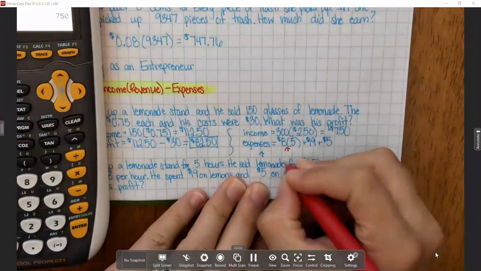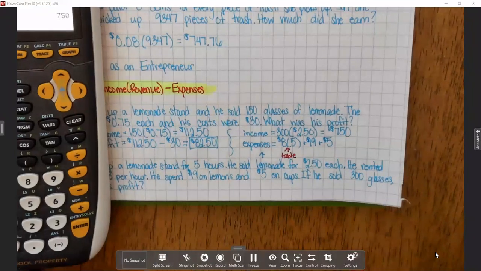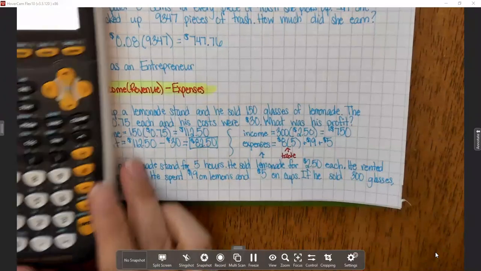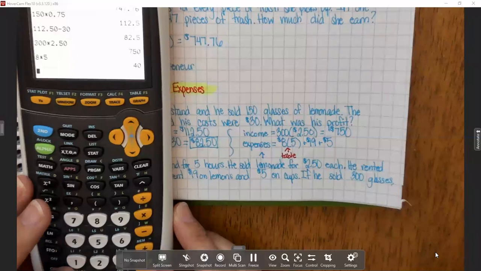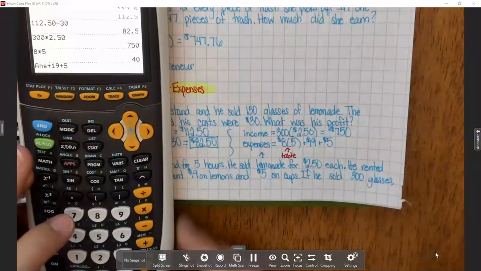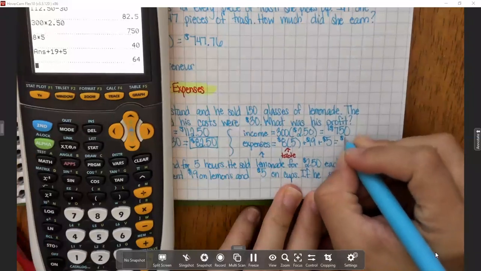This part right here is for the table. So 8 times 5, we get 40 plus 19 plus 5. So his expenses were only $64 this day.